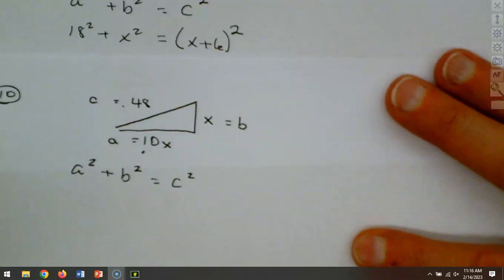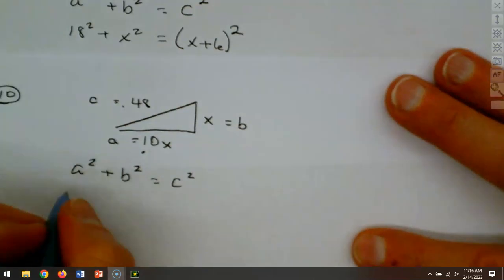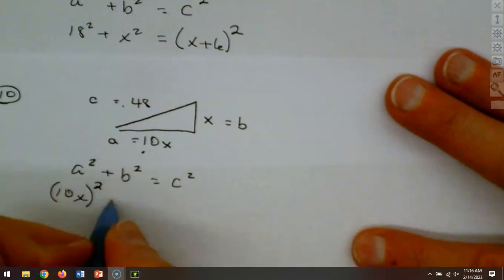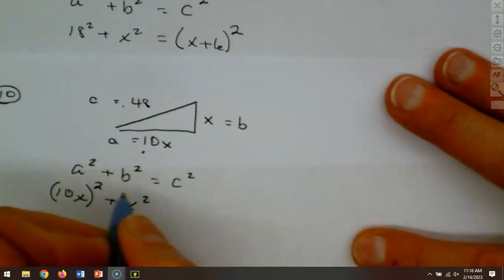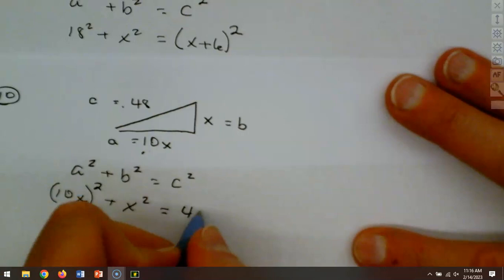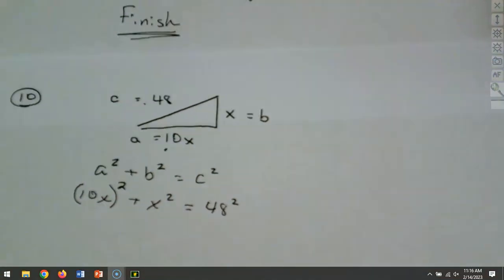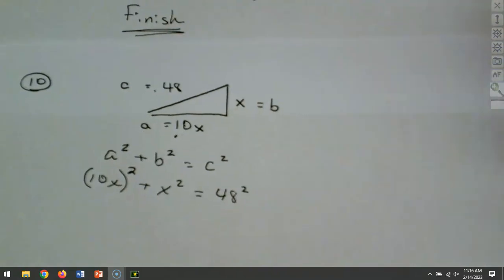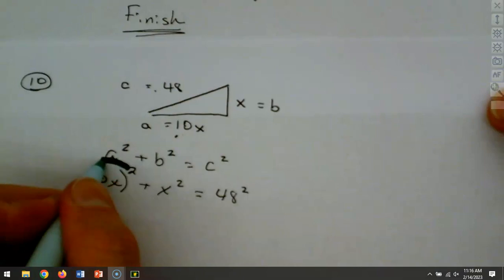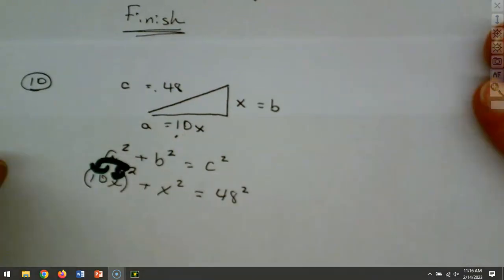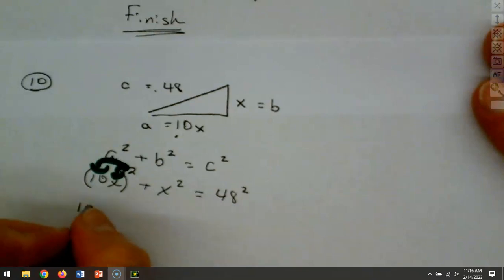So now we plug our pieces back in. So we've got (10x) squared plus x squared equals now 48 squared. Be careful with that square because that square has to be distributed through. So 10 squared makes it 100.